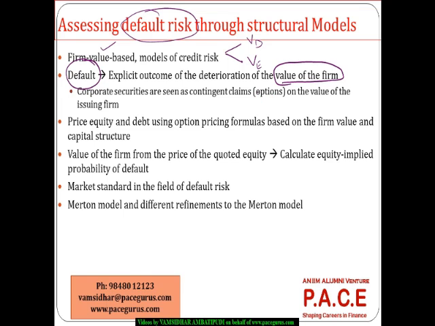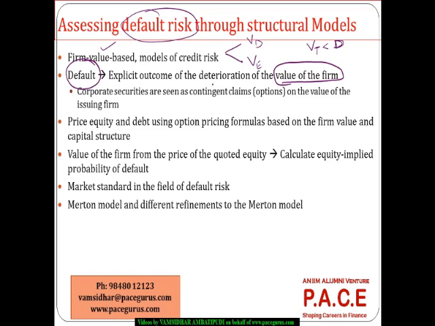When the value of the firm has gone down drastically, in such a way that the value of the firm is much lesser than the amount of debt that they have to pay, this is where we say that the firm is going into default, because the whole firm itself is having a value which is lesser than the amount of debt that it has to pay. So this is what we are terming as the situation of default.